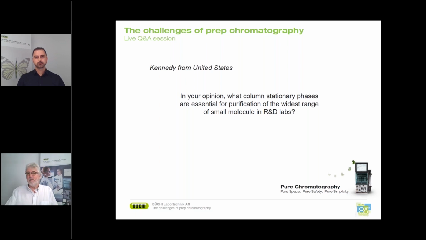C18 should be available. And depending on the application you have, but that's already a bit more specific then, you can go for that C18AQ as we call it. So if you really have very polar compounds, you need a lot of water to give them retention. So you need special C18 material to avoid that phase collapse that I mentioned before.